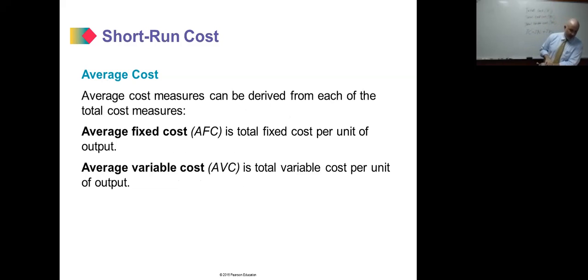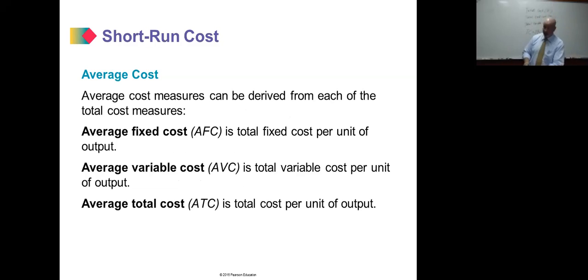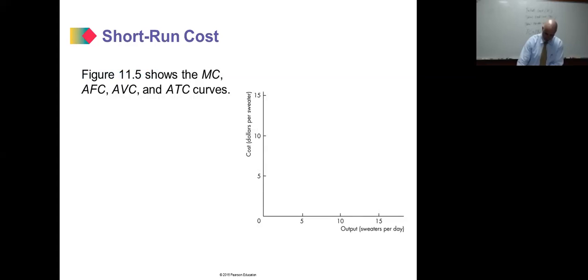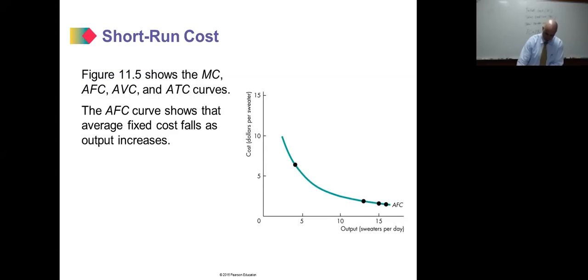Now, average cost. We're still going to find the fixed cost component and the variable cost component. And average total cost is the equivalent of average fixed cost added to average variable cost. So we're highlighting the relationship here between marginal, average, and total cost.